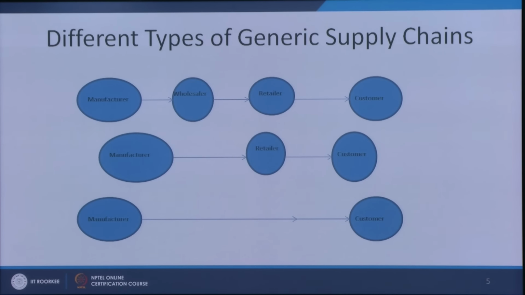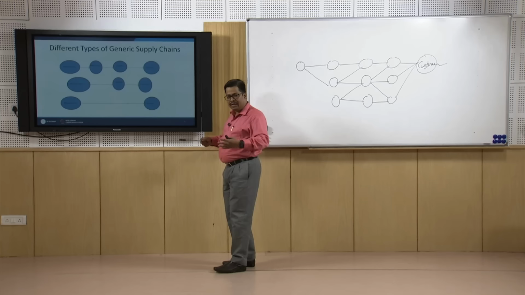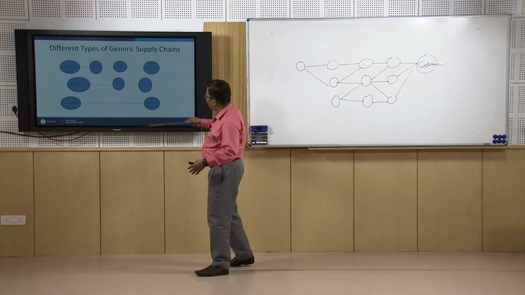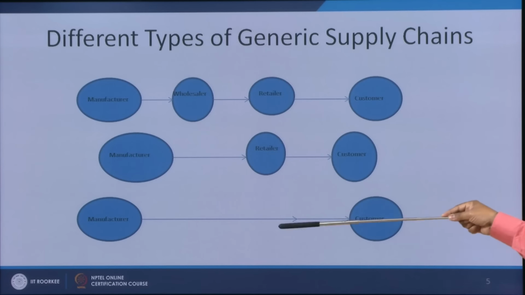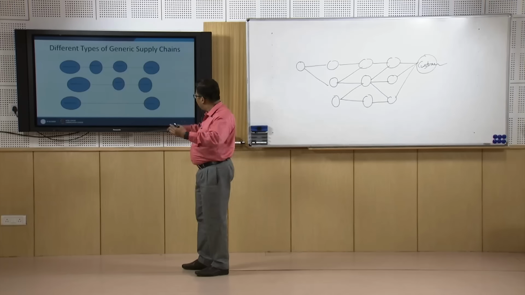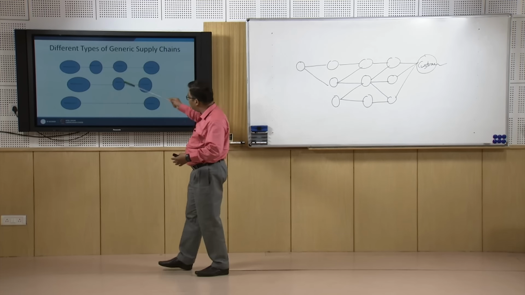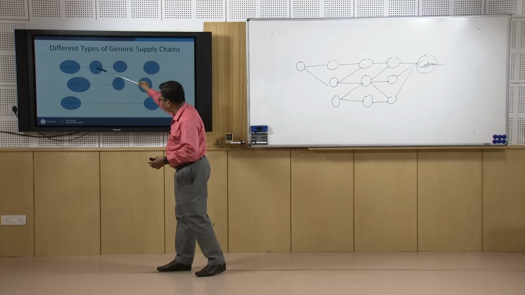So depending upon the product, the nature, the unit cost and so many other factors, you may have a variety of supply chains. These are some of the generic types of supply chain, and the suitability of the supply chain depends upon the type of products, the type of customers, the type of intermediaries you require.